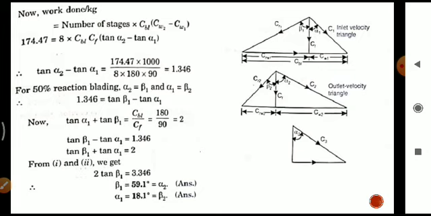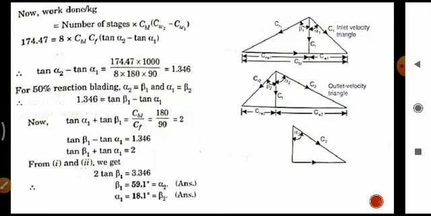Now we use the next equation, which we already wrote at the beginning. From the first velocity triangle, tan beta 1 is equal to opposite side by adjacent side, that is Crw1 divided by Cf1, and tan alpha 1 is equal to Cw1 by Cf1.